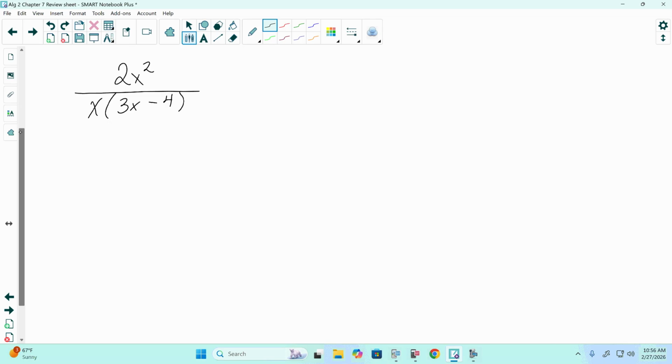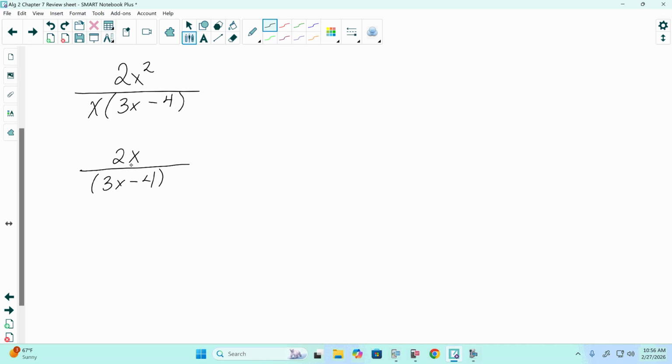Because there's only one x on bottom, outside the parentheses, it simplifies out completely. Our 2x squared on top will still have the 2, but the x squared becomes 1x because we removed 1x on top and bottom, giving me 2x over 3x minus 4.